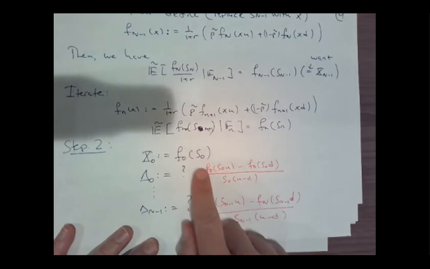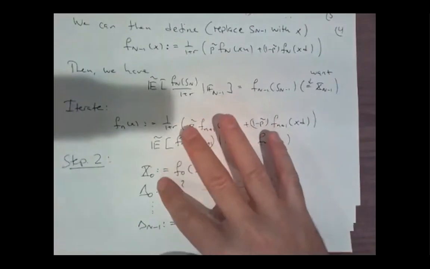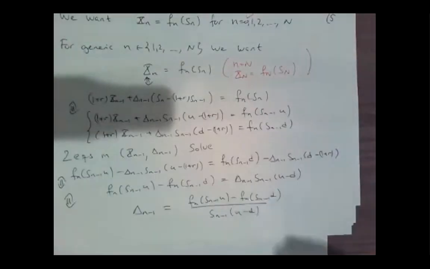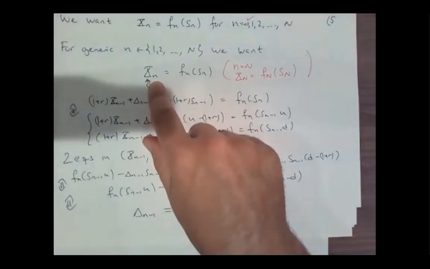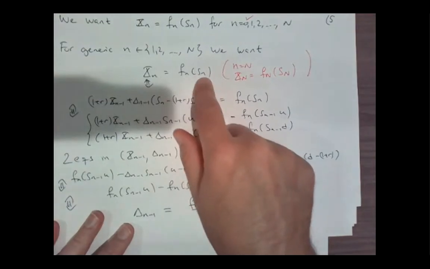And so here we have the formulas. Now it's just a question, do they work? Well, the property that the initial wealth and these stock positions have is that at any given time, the wealth process is equal to the function composed with the stock.